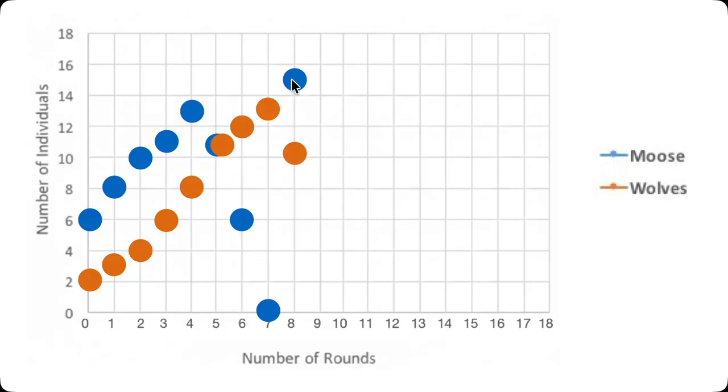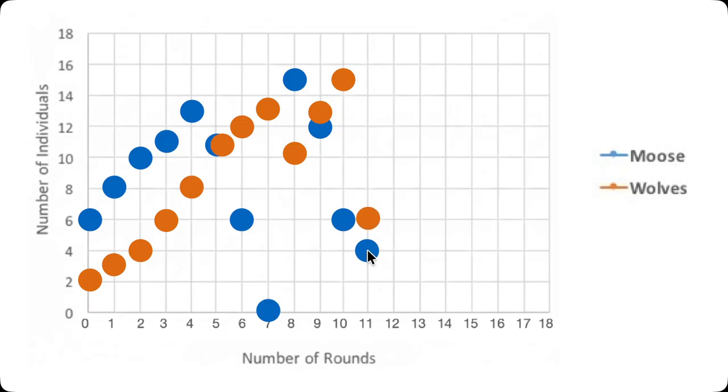Now we have the moose all the way up here at the top at 15, and wolves are decreasing, so we've got wolves at 10. Next up, wolves are increasing a little bit, so wolves are at 13, and moose are at 12. The moose are dropping off again. Moose are at 6, wolves are at 15.